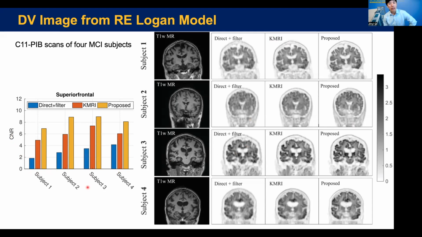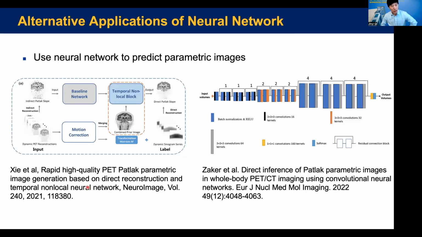I should also mention there are other ways you can use a deep neural network, obviously. For example, in Xie et al., they use a deep neural network to predict the direct reconstructed image from the indirect reconstructed image. In some way, this is equivalent to a denoising network, but also with some bias correction, because there's noise-introduced bias in the indirect reconstruction.